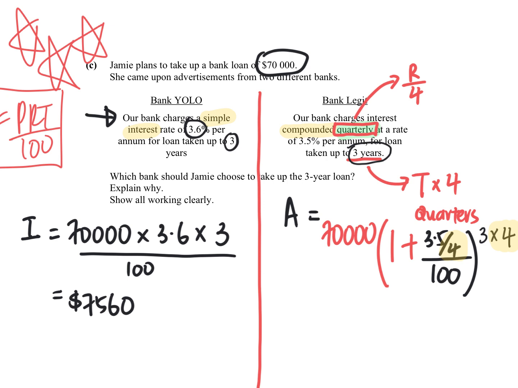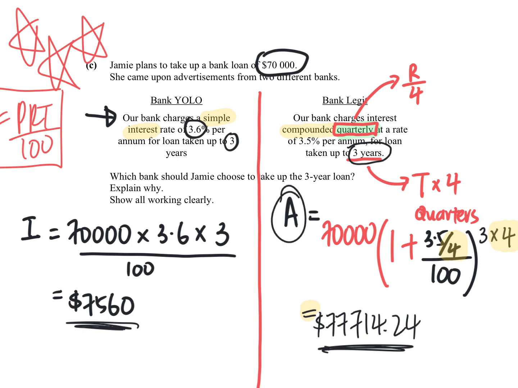Okay, so if you key in everything correctly, you will get this as 77,714.24. So just try to do some sense making here. This is 7,000. This is 70,000. Are you comparing the same thing?